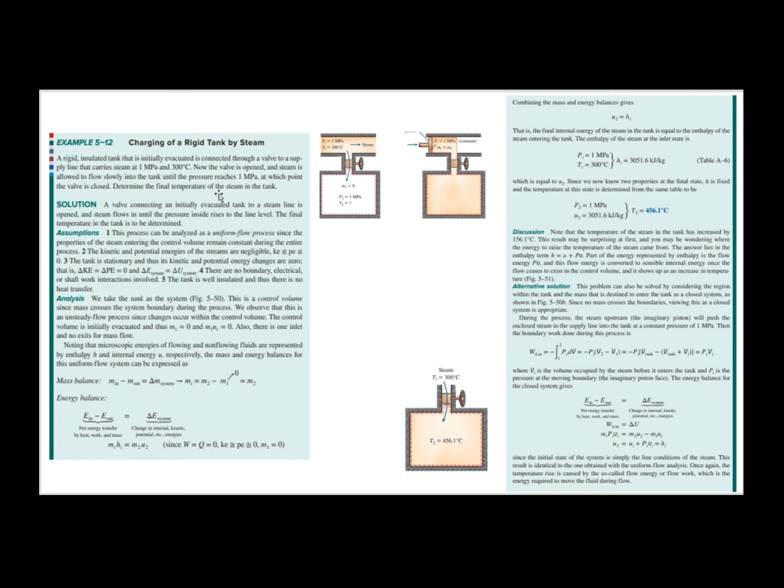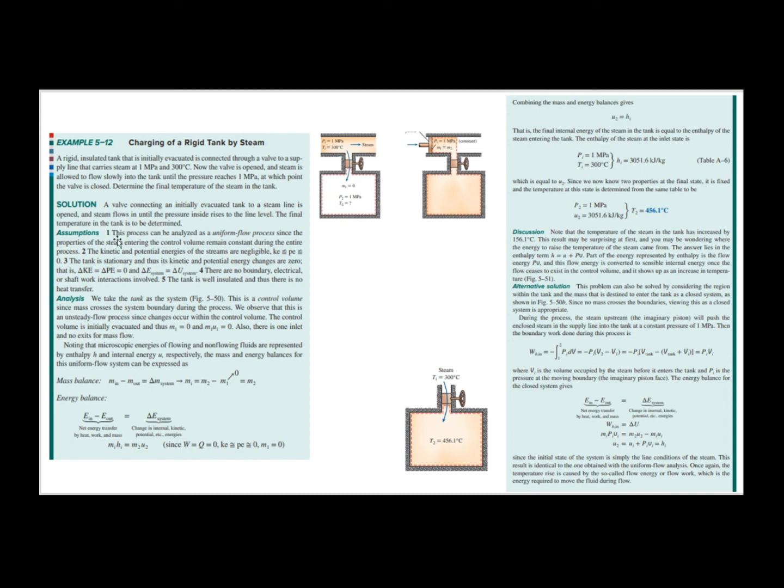Determine the final temperature of the steam in the tank. First, a valve connecting an initially evacuated tank to a steam line is opened and steam flows in until the pressure inside rises to the line level. The final temperature in the tank is to be determined.